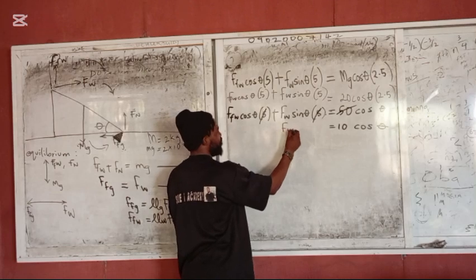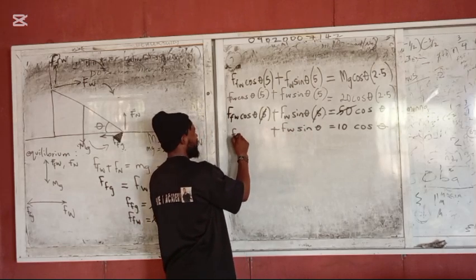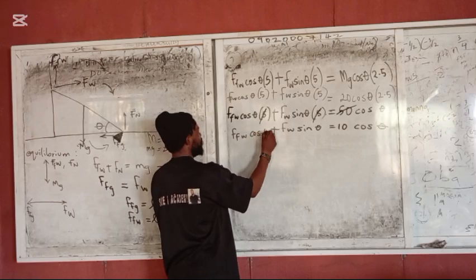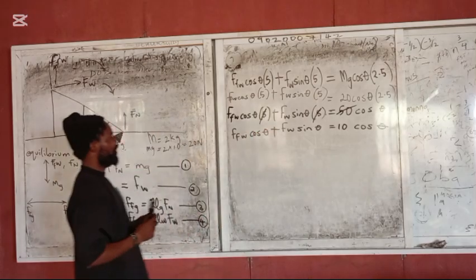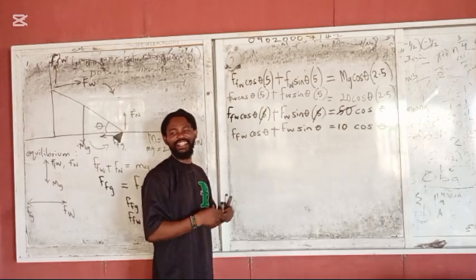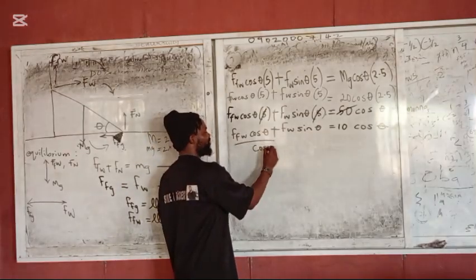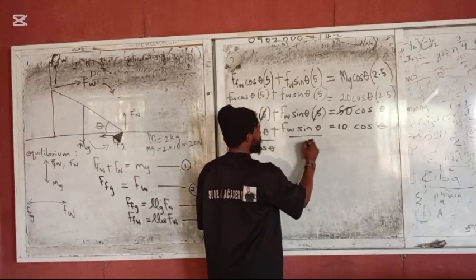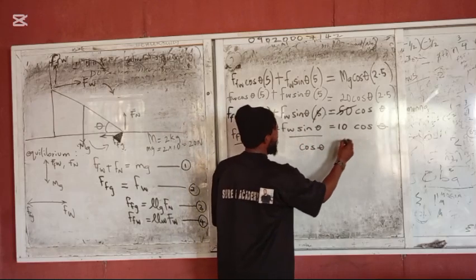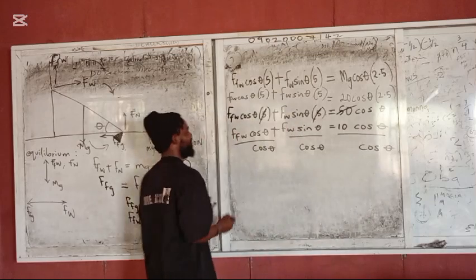I now have FW sine theta plus FFW cos theta. Before students are saying the next step, so I'm dividing by cos theta. Each time people give answer, there are people that their hearts normally fly, wondering how come.